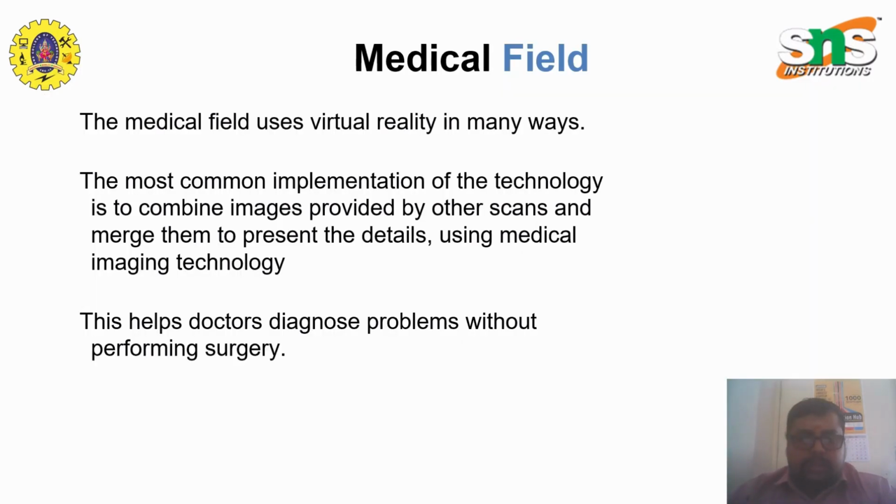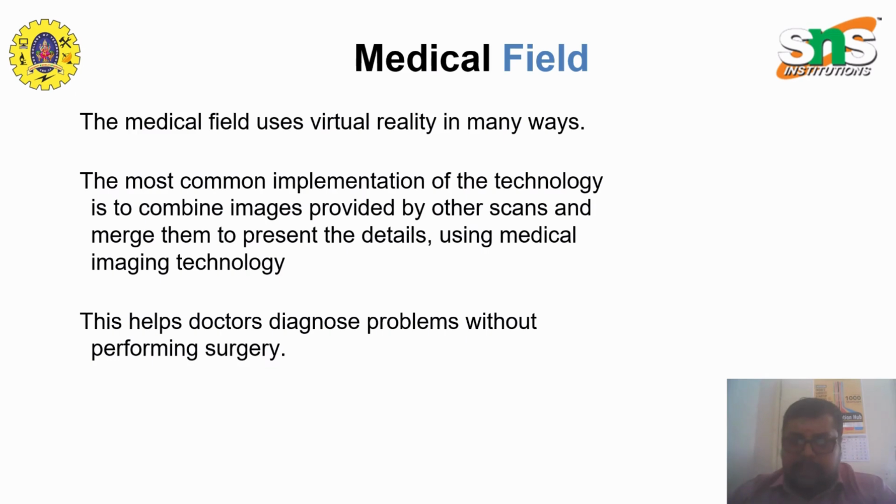Next, you are going to see the medical field. In the medical field, there are many ways this helps. For example, a doctor wants to operate on a special emergency case. If a doctor wants to operate in a critical stage, he should have experience, meaning he should have done the operation more than once.